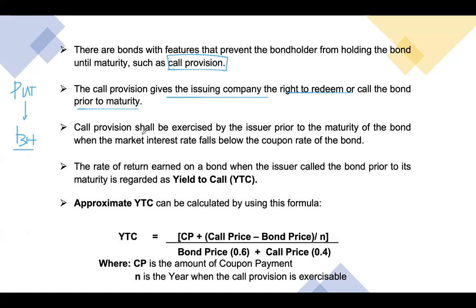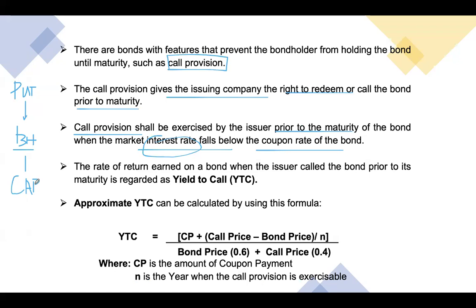Okay? So the call provision shall be exercised by the issuer prior to maturity of the bond when the market interest rate falls below the coupon rate of the bond, because the market price will increase. And definitely, the call price is the price paid by the issuer if it intends to redeem the bond.